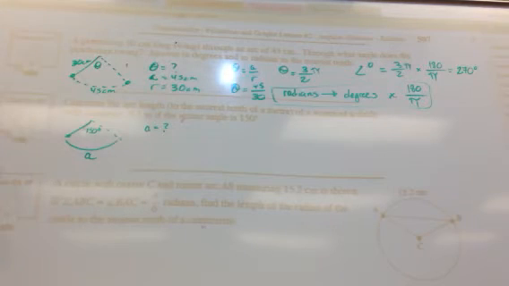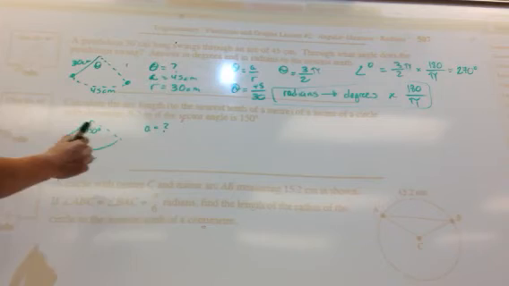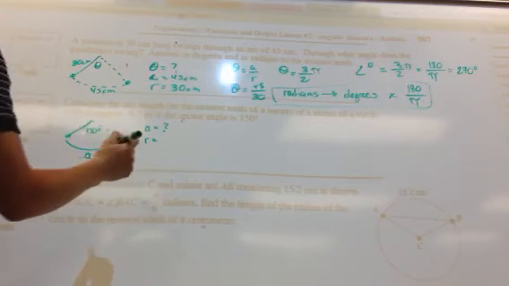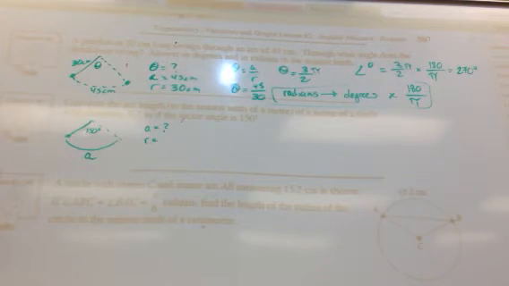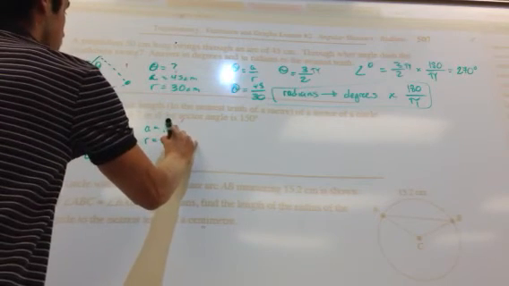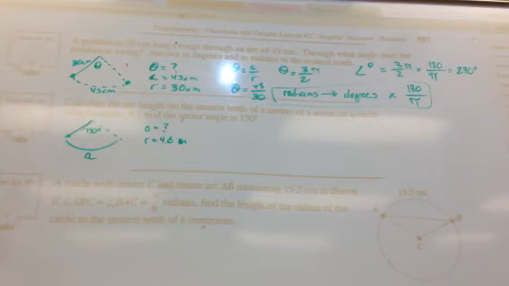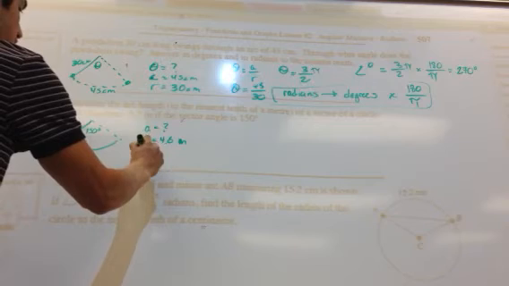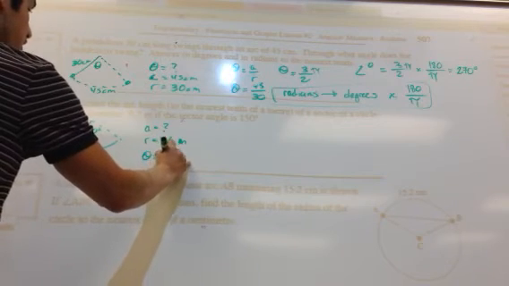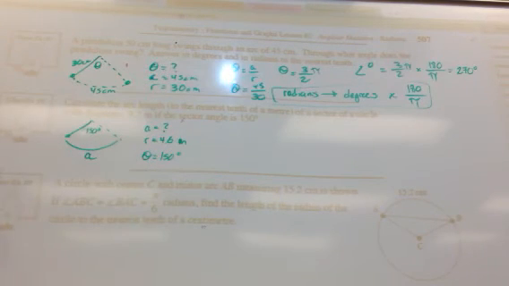So if I have a diameter of 9.2, what's my radius? Is that 4.6? Good, 4.6 meters. And I'm told that the sector angle is 150 degrees, so theta is 150 degrees.